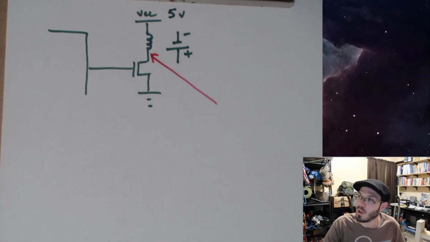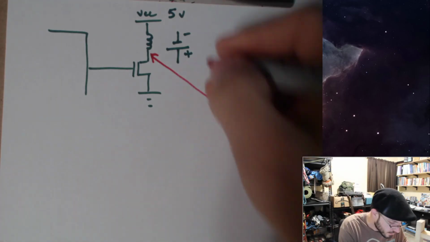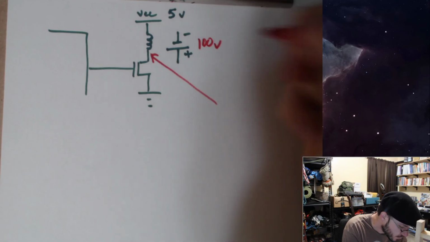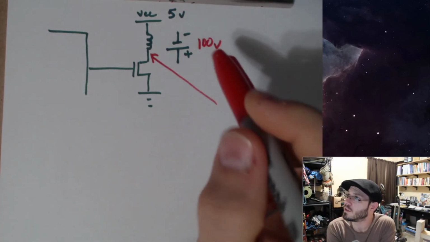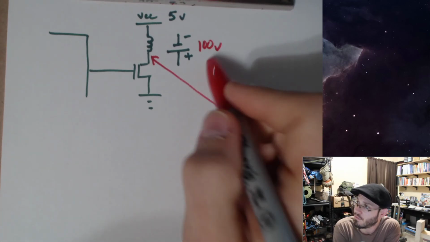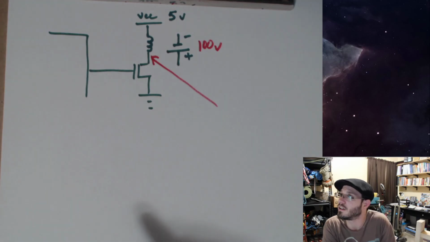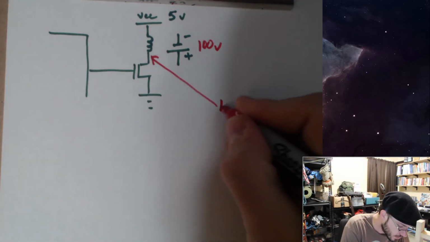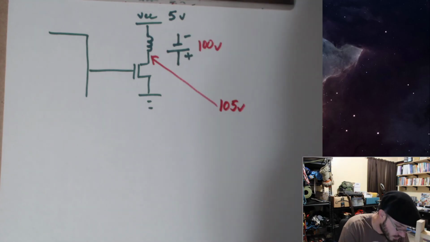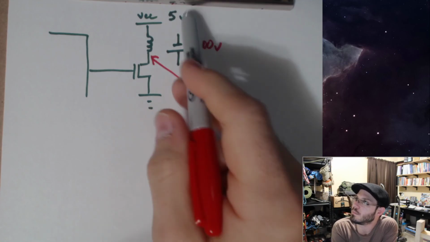In a typical application, you can be expecting 100 volts of back EMF, or counter EMF, or whatever you call that induced voltage from the collapsing magnetic field of this inductor. So what's the voltage at this point? 105 volts, right? It's whatever the induced voltage is plus 5 volts.